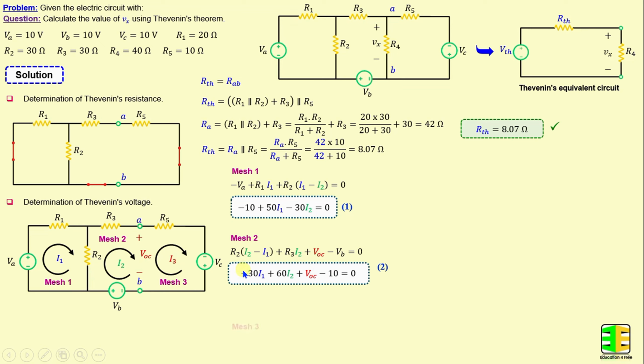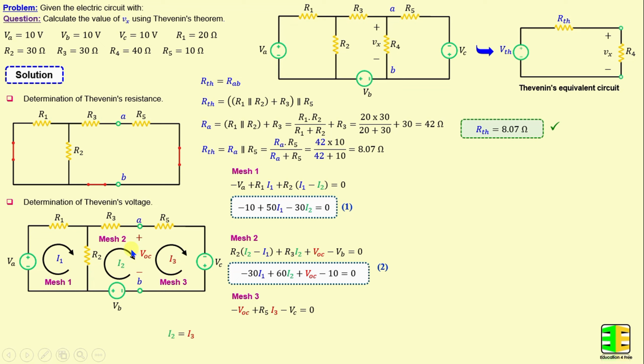Let's move on now to mesh 3. By applying Kirchhoff's voltage law in mesh 3, we can write negative VOC plus R5 times I3 minus VC is equal to 0. We know here that the terminals A and B is an open circuit. That means the current flow in this direction is equal to 0.